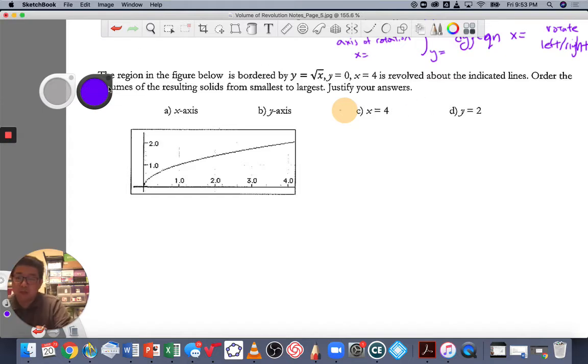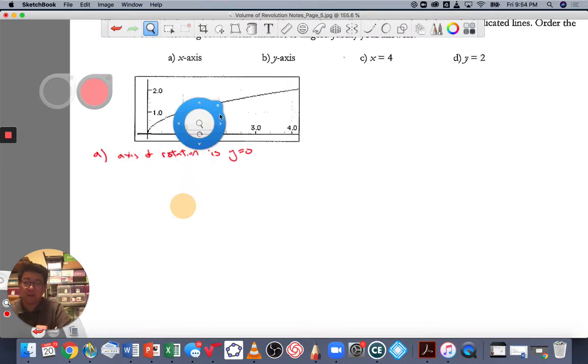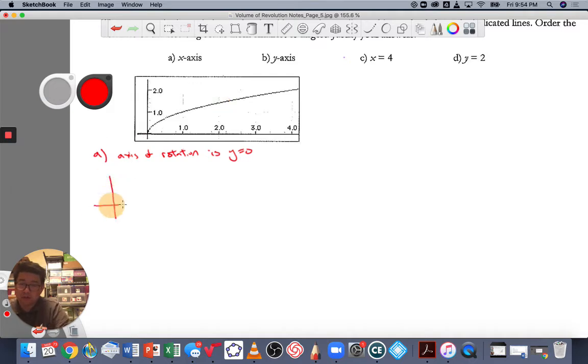All right, so first problem, part A, your axis of rotation is y equals 0. When you deal with that, the x-axis, y equals 0, here is your shape, here's your square root.